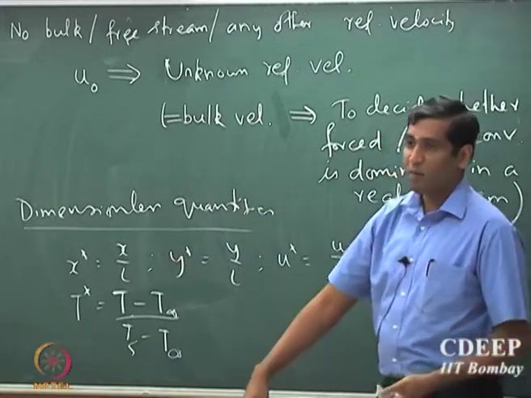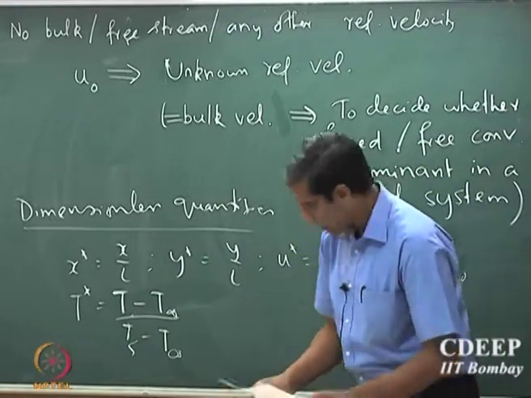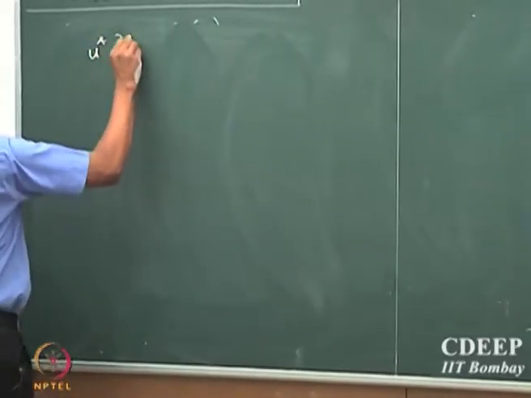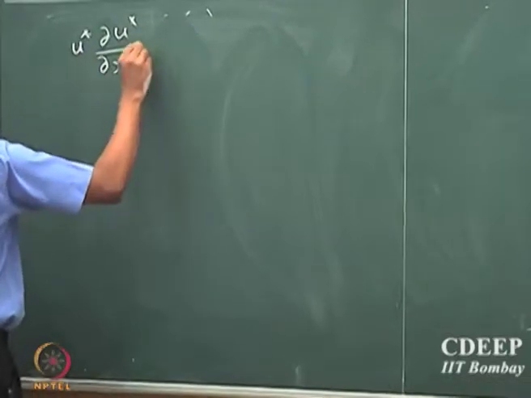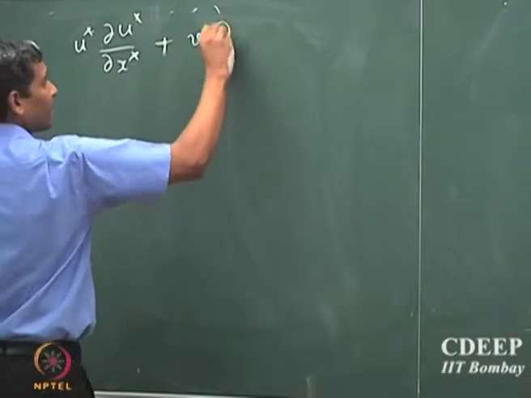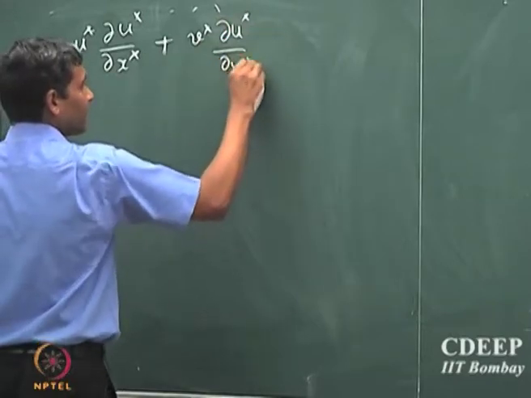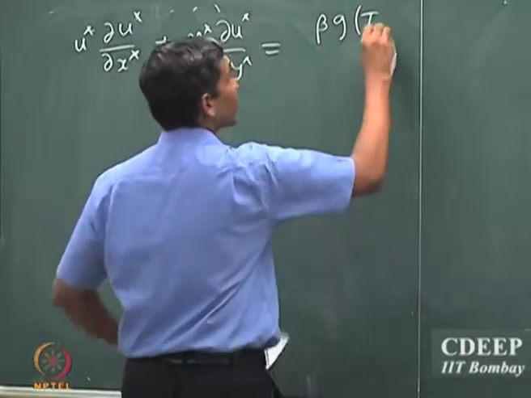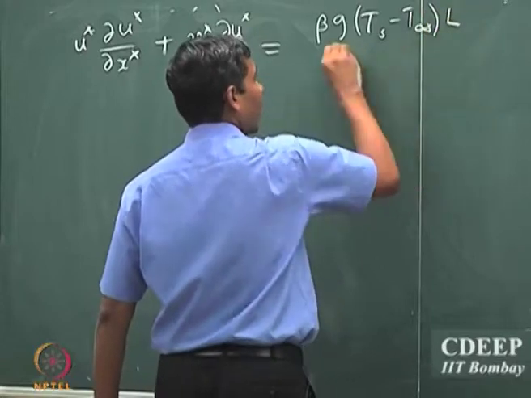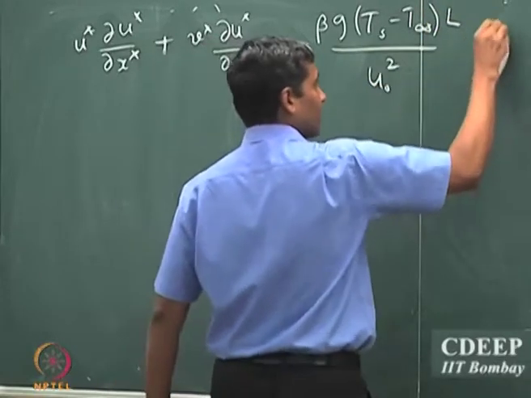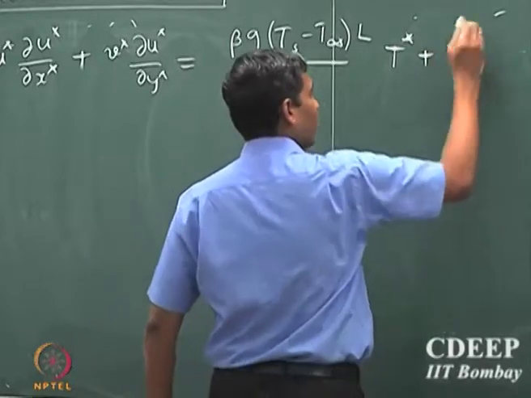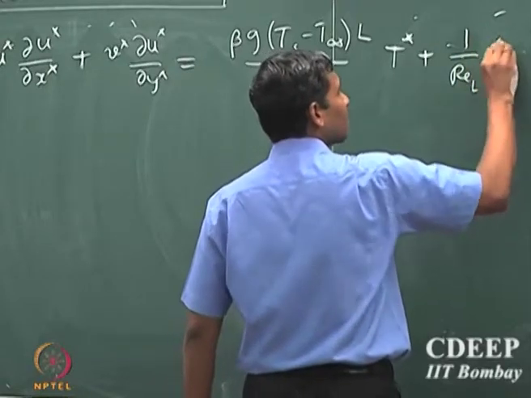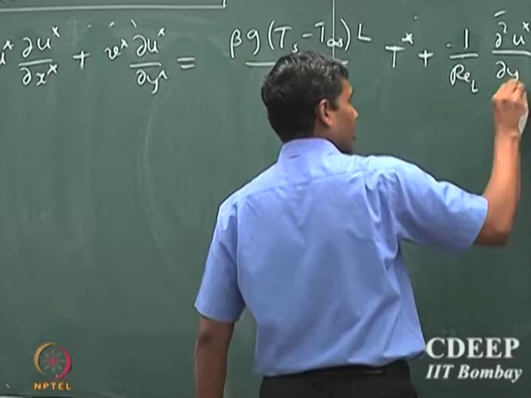So now I can convert all these model equations into the dimensionless form, and so that will be something like this. So that will be u star du star by dx star plus v star du star by dy star, that's equal to beta gravity (Ts minus T infinity) into L by u naught square into T star plus 1 by Reynolds number based on the length into d square u star by dy star square.